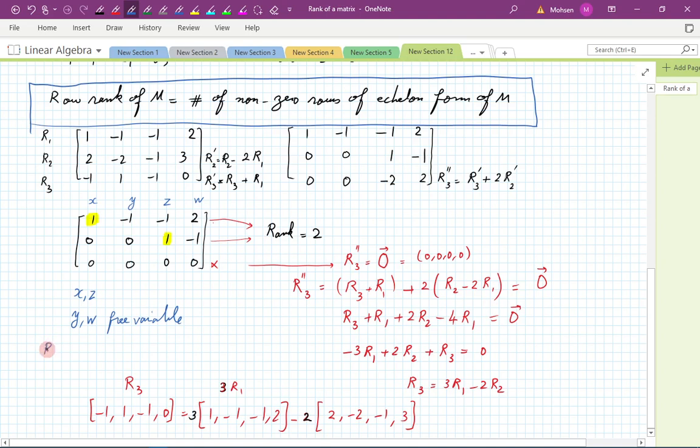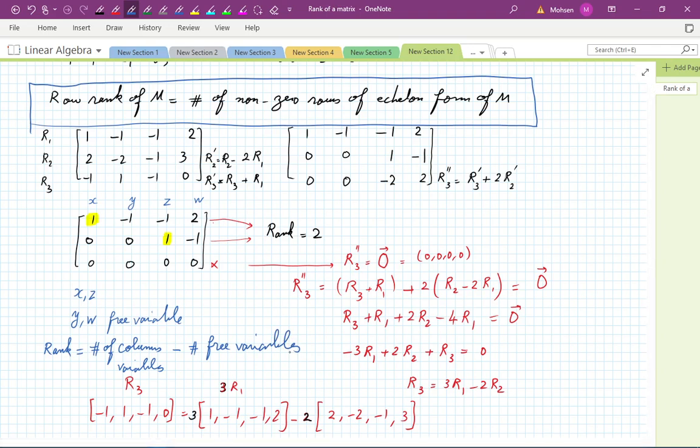So another idea of a rank is that rank is the same as the number of columns, or the total number of variables you have, minus the number of free variables. So the rank of a matrix can be written as the number of columns or variables you have minus the number of free variables you have.